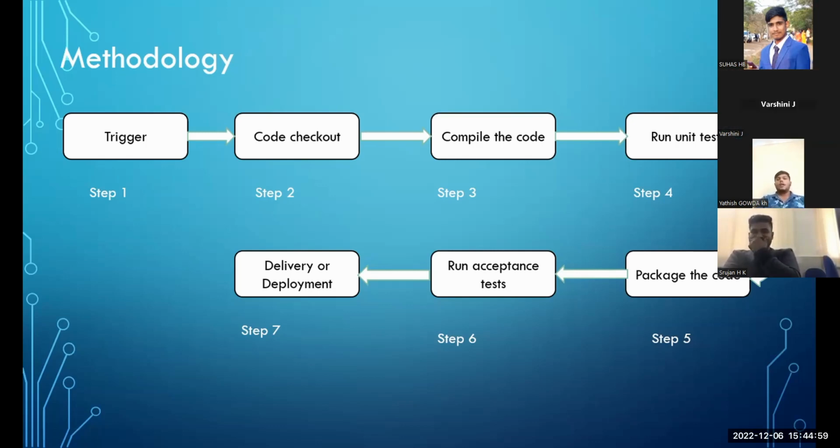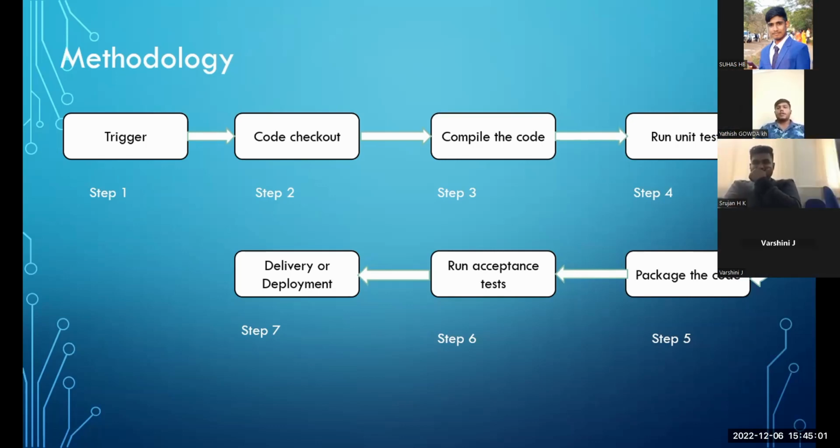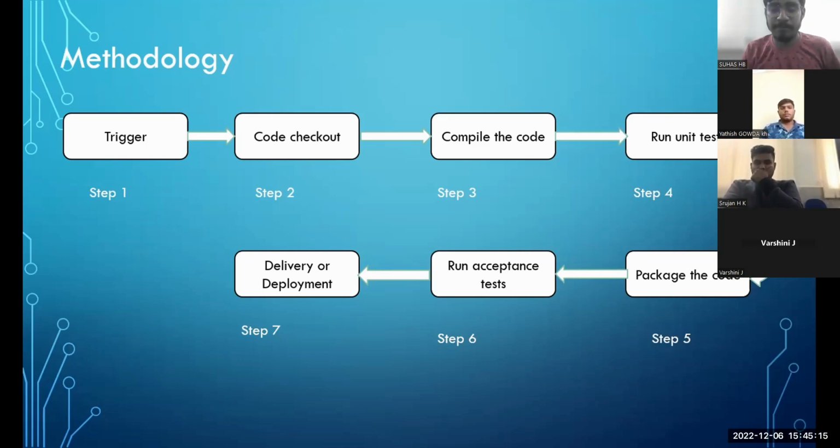Next is run unit test. Running is when we compile the code and run it. Then package the code, and give it to the run acceptance test.